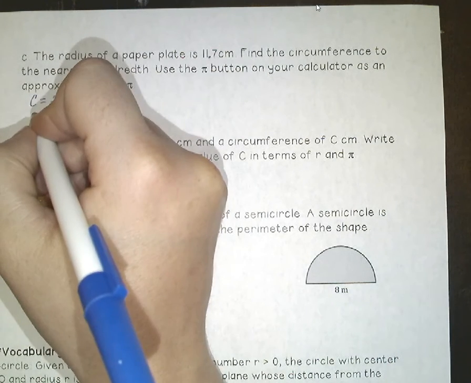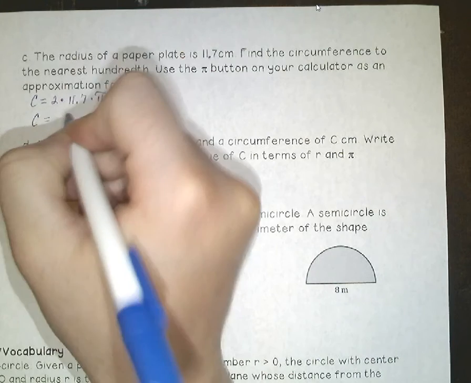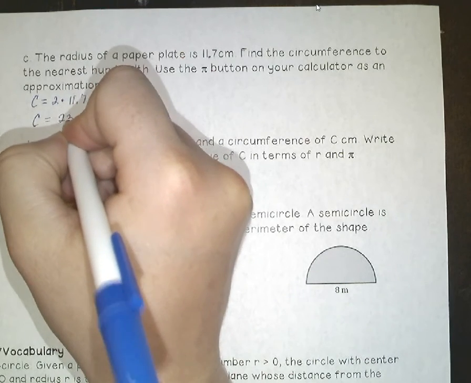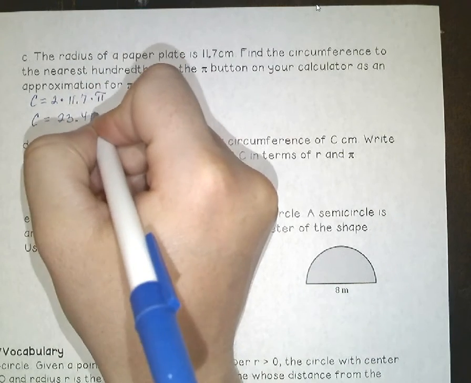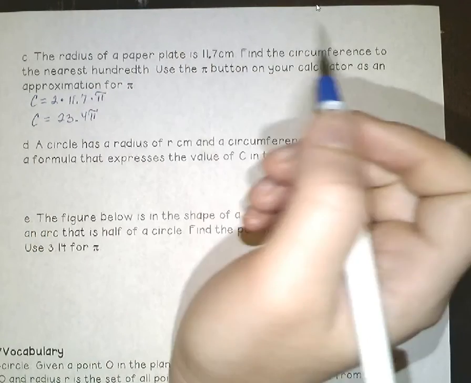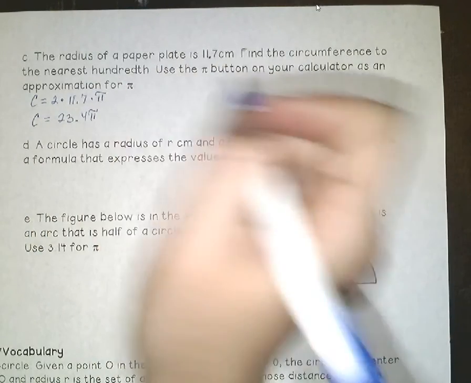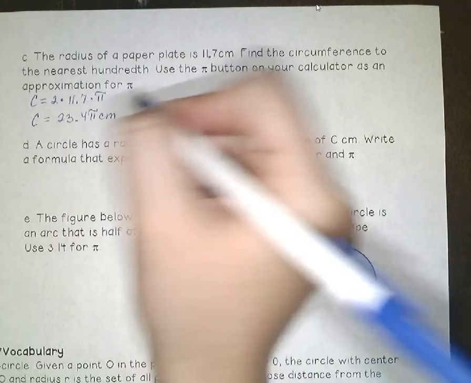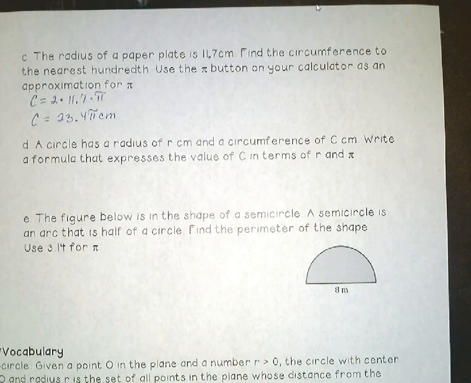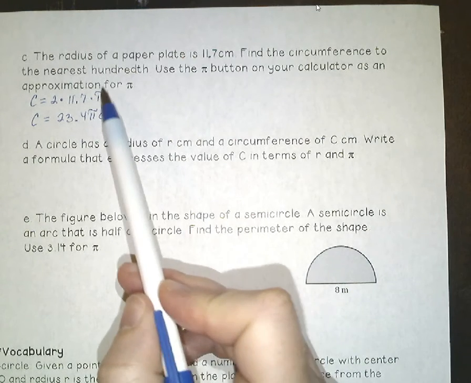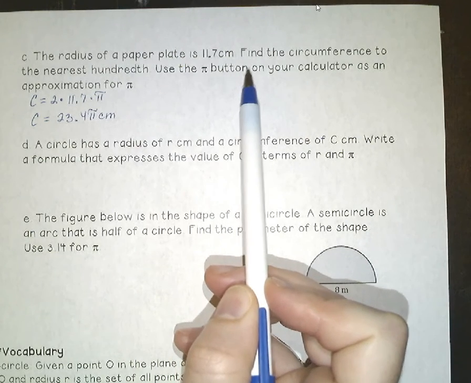What you can do is to write C equals 23 and 4/10 times pi, and that is centimeters. And you can stop here, and most of the time it will be just enough. In this problem, they're asking us to actually use the button on the calculator.